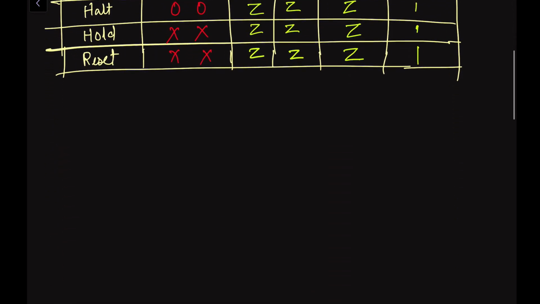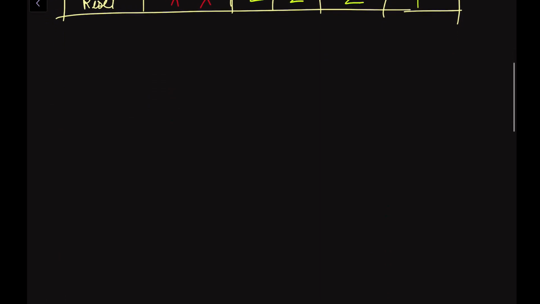Okay, suppose we consider one instruction. The instruction is, suppose, MVI A, 32H. This is an immediate mode instruction. Here we can see that MVI is nothing but the operation.